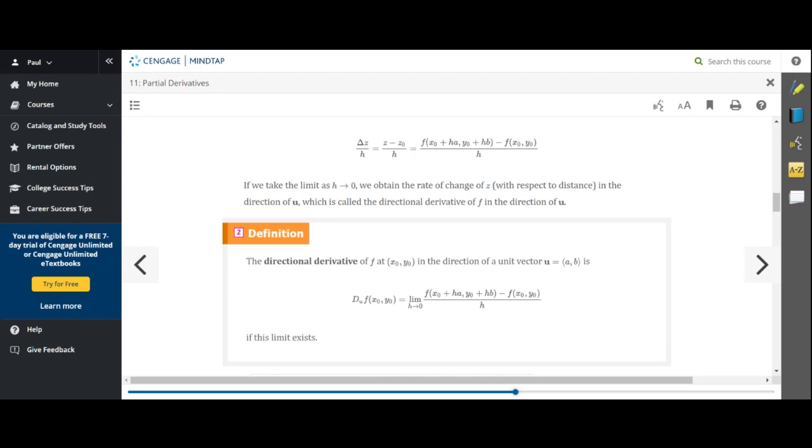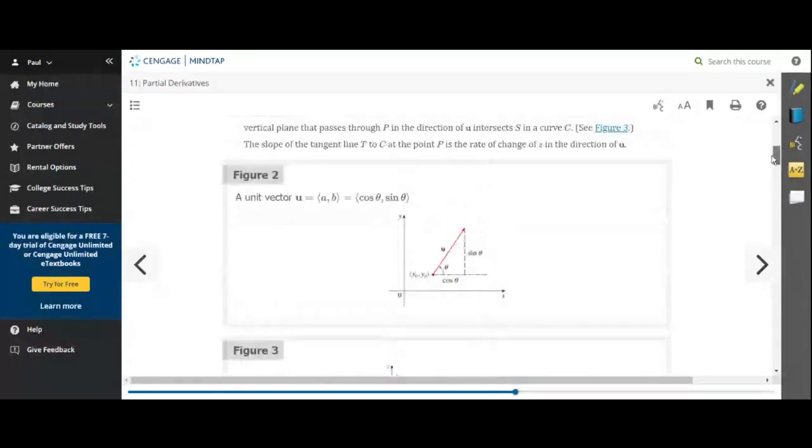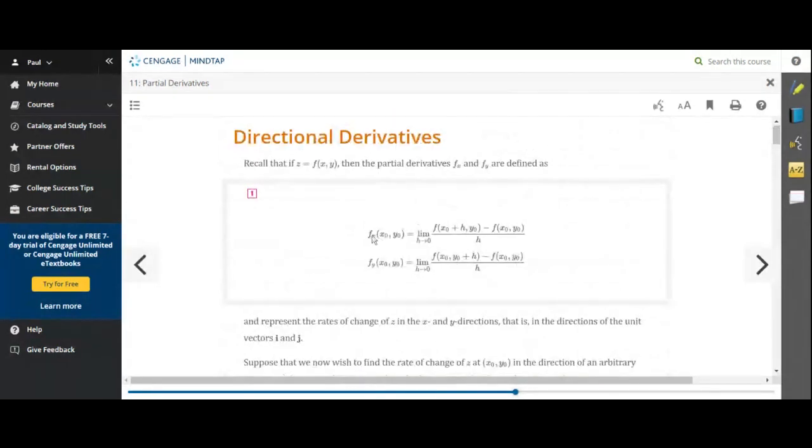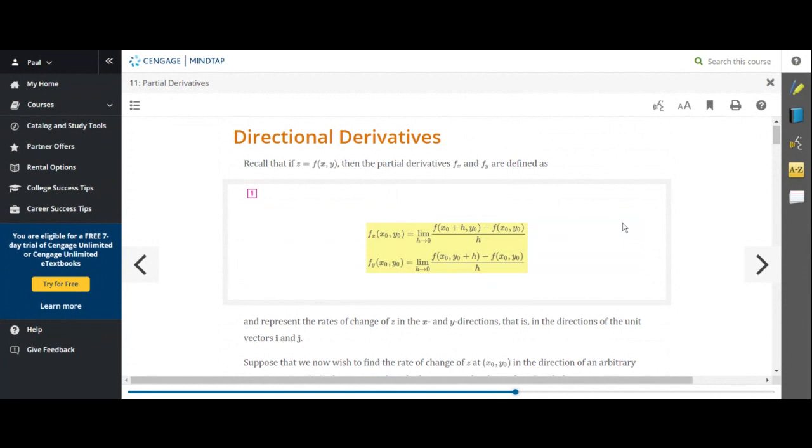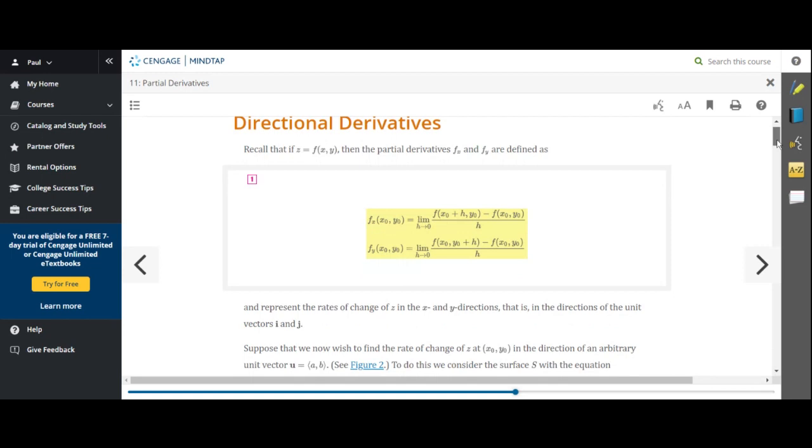You're letting both x and y vary. If you think about the definitions of the partial derivatives, partial derivative of f with respect to x, you just let the x vary. Partial derivative of f with respect to y, of course, you just let the y vary.